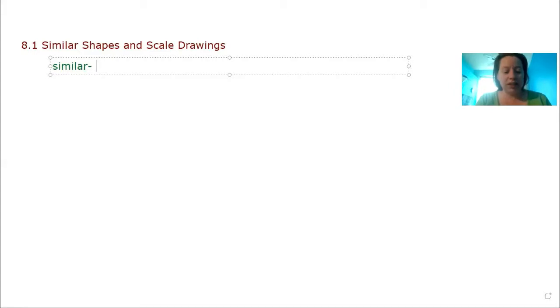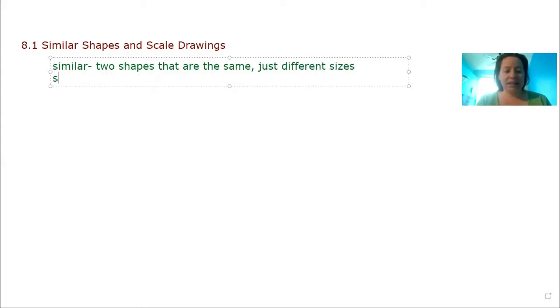So similar is two shapes that are the same, just different sizes. And scale is what I multiplied or divided by to make the new shape. That's all that scale is.